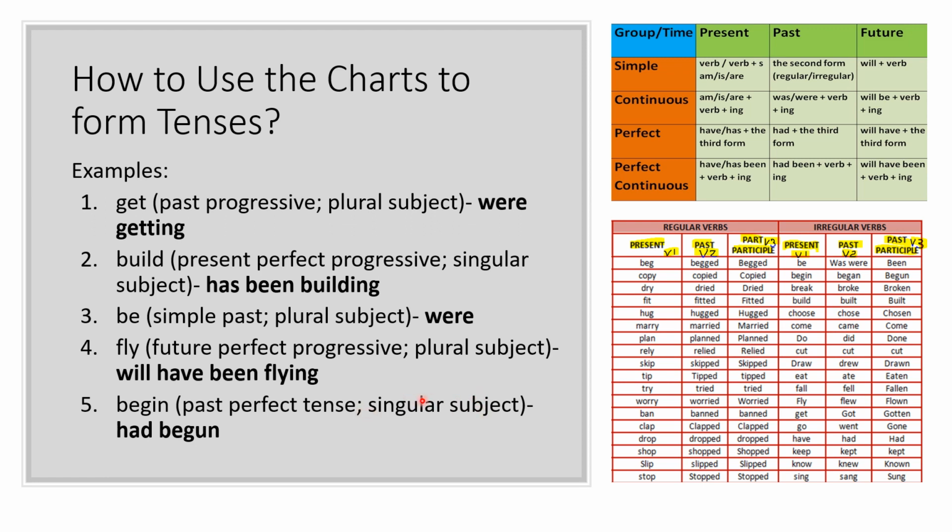So regardless of the number of the subject, it is stated in the formula that you are supposed to use only had. So to convert begin to its past perfect tense, you simply use had and the third form or the past participle form of the verb begin, which is begun. So the correct answer is had begun.